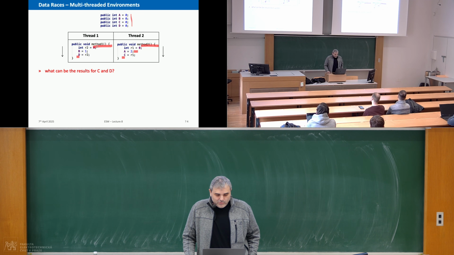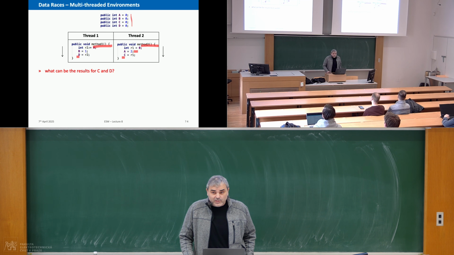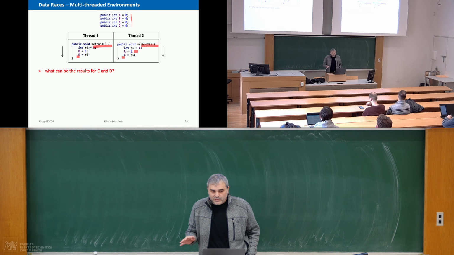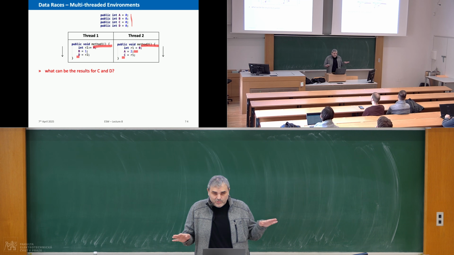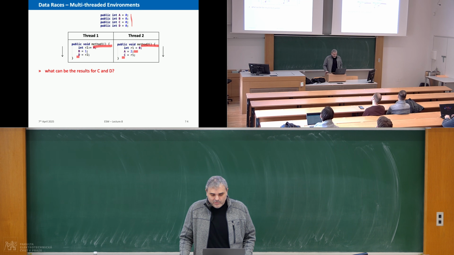So one of the combinations could be 0, 0, because you can execute and read into local variables before the other thread modifies that other variable. So one valid combination is 0, 0. Then any of the intermediate combinations: thread 1 can execute, for example, the full code of the method.